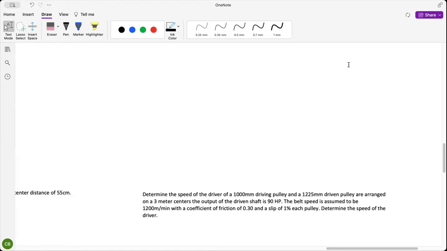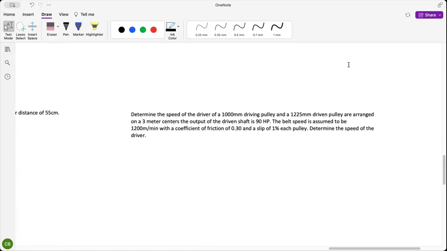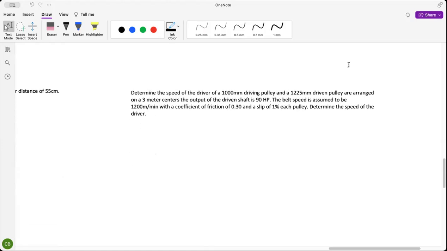The output driven shaft is 90 horsepower. So the belt speed is assumed to be 1,200 meters per minute with a coefficient of friction of 0.3, and a slip of 1% each pulley. So determine the speed of the driver.